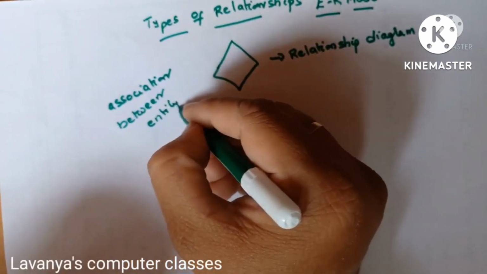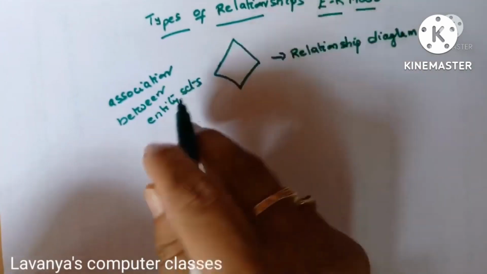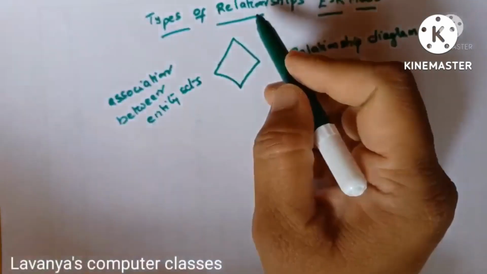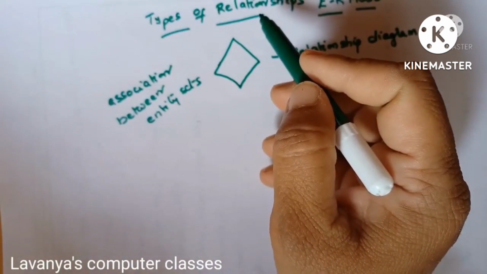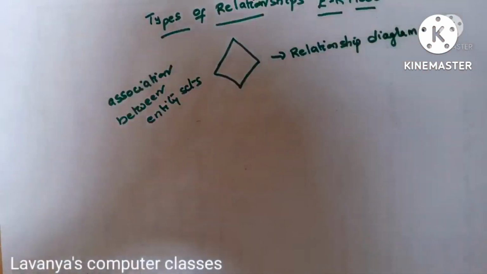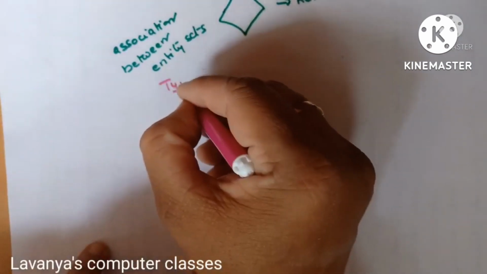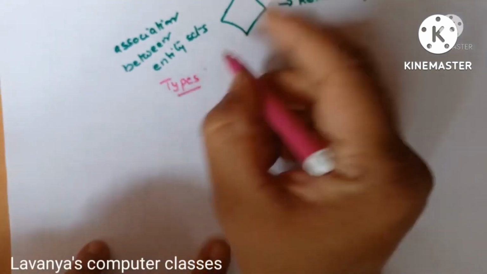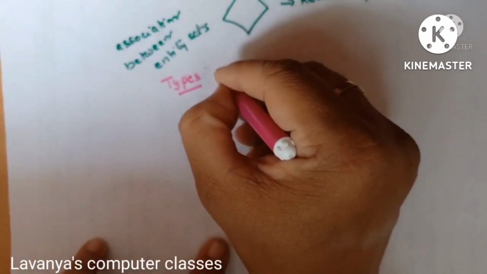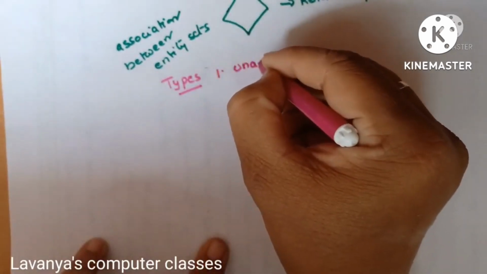In the ER model, R means relationship. So how many types of relationships do we have? There are four different types of relationships. Number one is unary relationship.